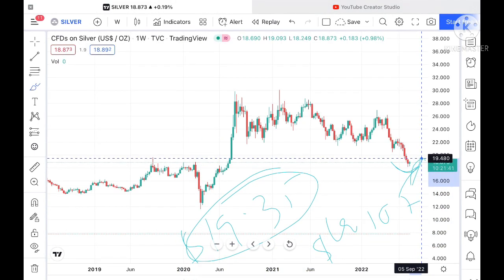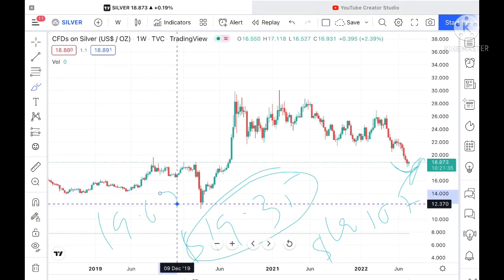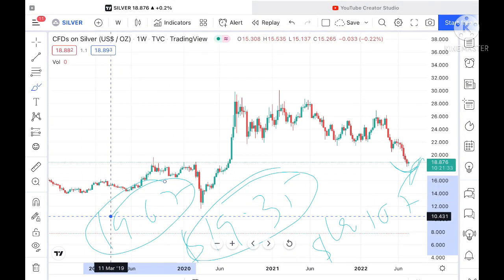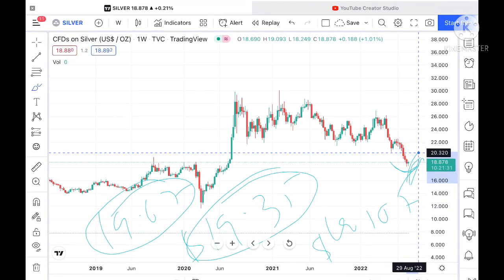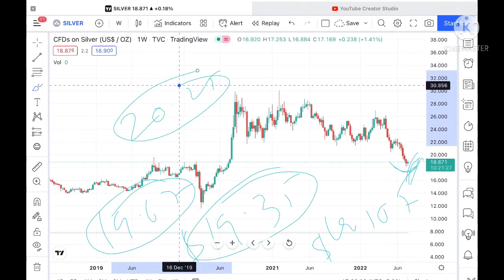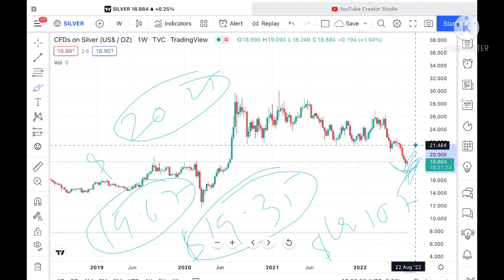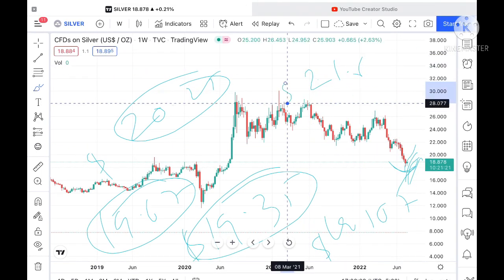If the price goes above that level, it can go further upside and touch $19.67. Once the price goes above that level, it can go further high towards $20.25, and from there it can touch $21.6. Keep this in mind.